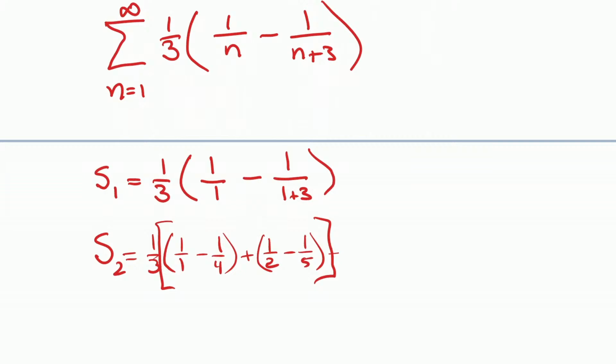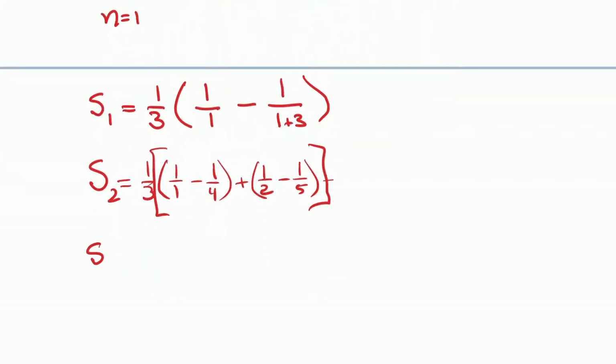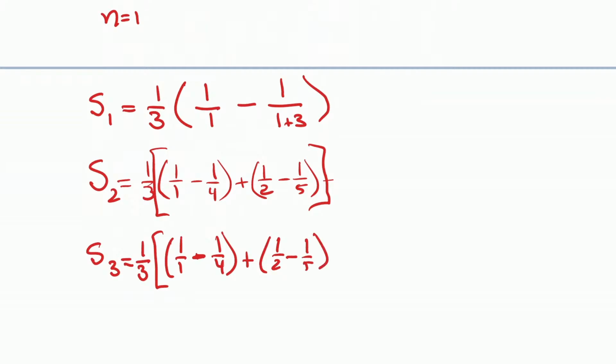Everyone's happy. Okay, it's going to take me a minute till we see the pattern. So you keep doing this until you start seeing a pattern. 1 over 1 minus 1/4 plus 1/2 minus 1/5 plus 1/3 minus 1/6.